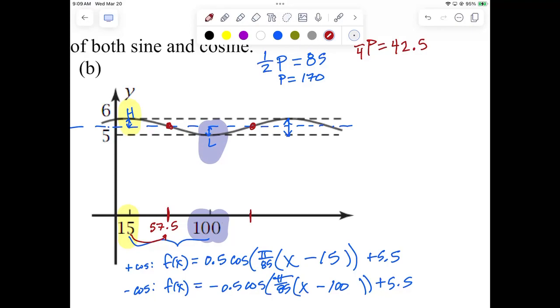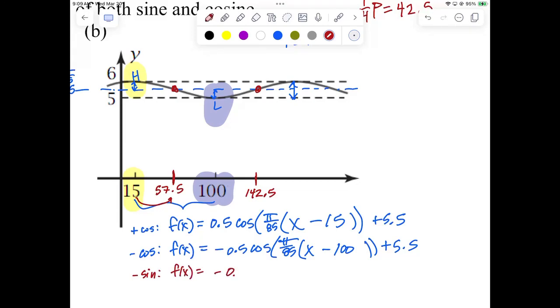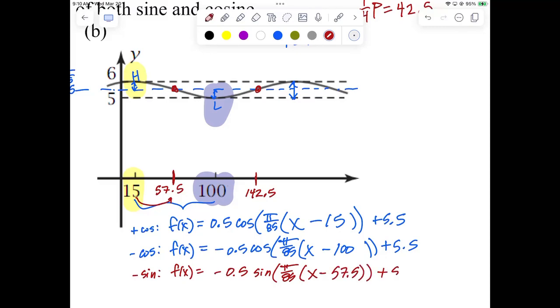The next critical value is 100 plus 42.5, which is what? Finish strong, baby. Okay, now we can write the two other equations. Let's do the negative sign because it comes up first. We'll say f of x is a negative 0.5 sine of pi 85ths times x minus 57.5, close, plus 5.5.